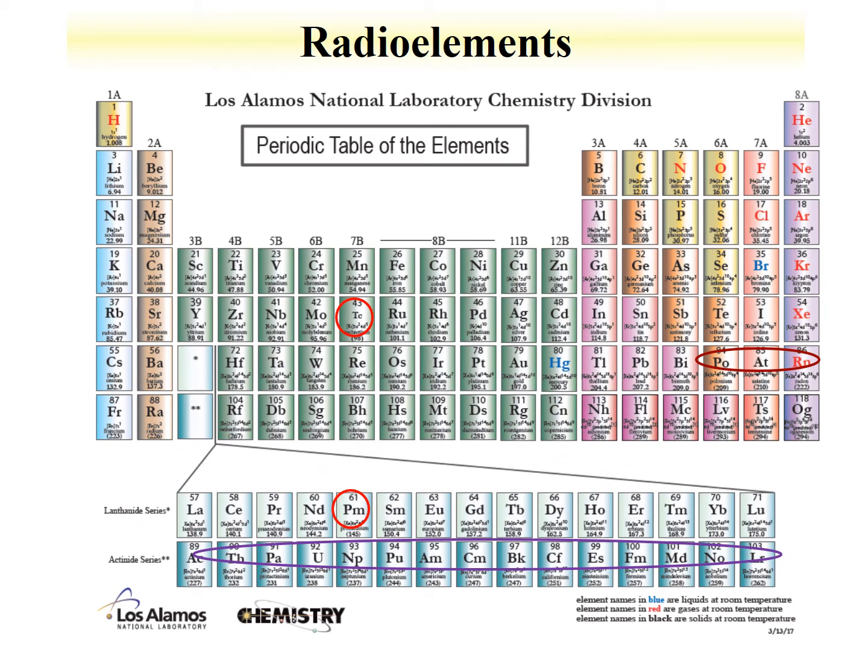All the actinides shown here, and then the transactinide elements. At the University of Washington, one should note that astatine is produced. Astatine-211 is made at the cyclotron at the University of Washington, and it's used as a radiopharmaceutical. It's attached to a ligand, and the alpha is used to kill cancers.